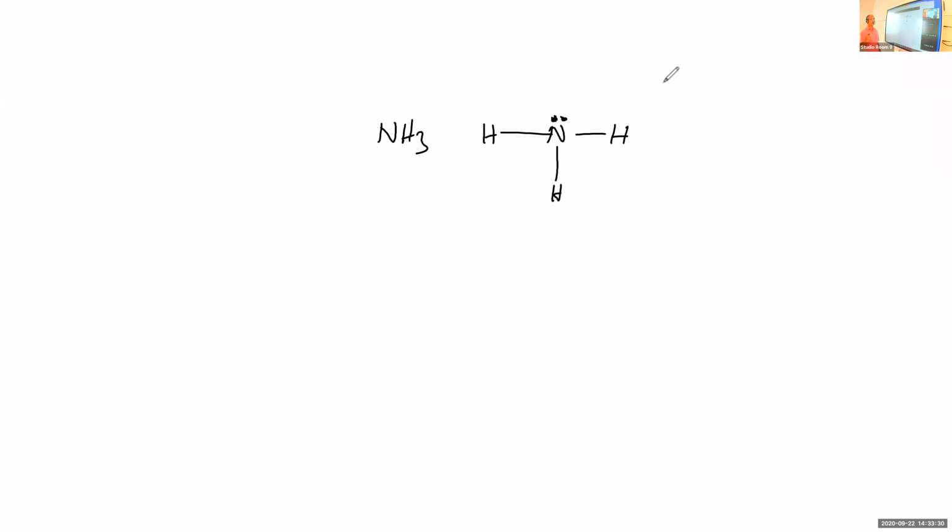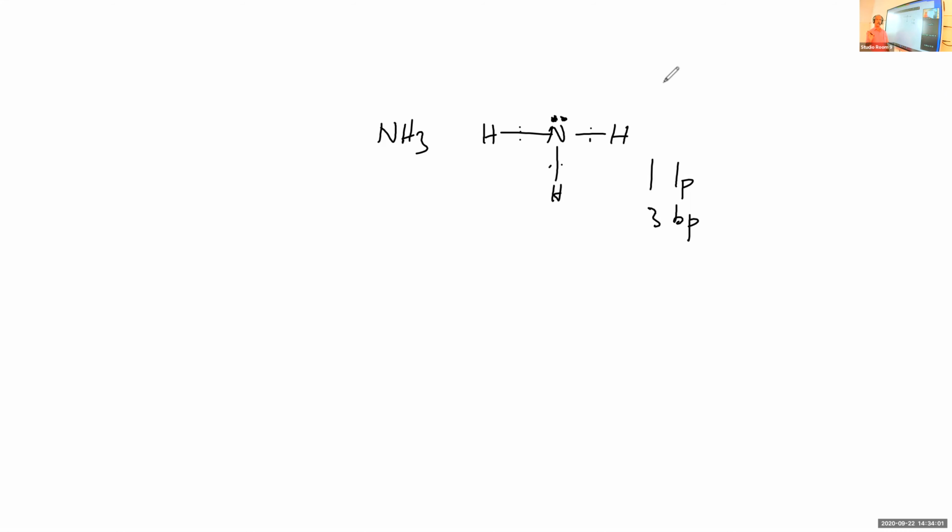There is a lone pair of electrons on the nitrogen atom, and there will be three bond pairs. One lone pair, and here 1, 2, and 3, three bond pairs of electrons in ammonia molecule. Totally we have four pairs of electrons.